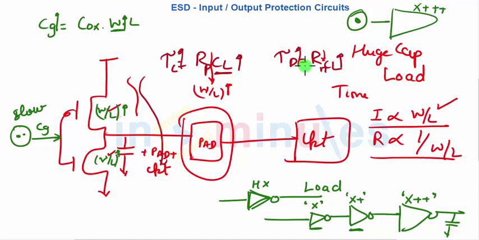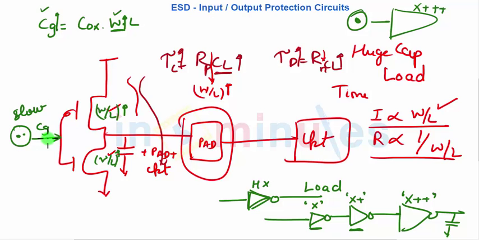We know that R is inversely proportional to W by L, so I need to increase my W by L. If I increase my W by L, its gate capacitance will increase because W has increased, correct? When I say increase my W by L, I mean that L is staying the same, I'm just increasing my W, okay? So don't get confused. When I increase my W, my gate capacitance is increasing, which means the guy which was driving my gate will become slower. So we don't want that to happen.